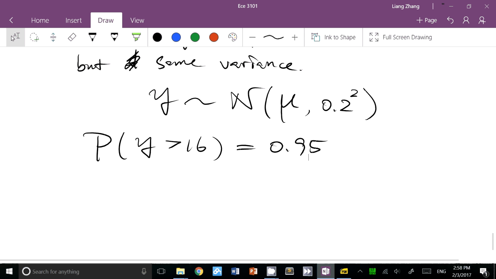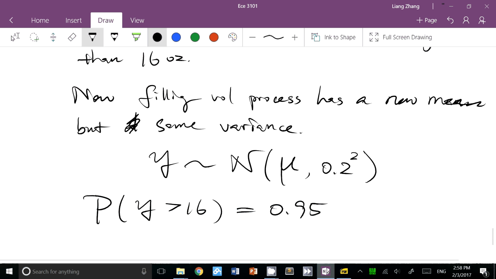Okay. So we want the volume of the products after the modification to be greater than the marked filling volume in 95% of the cases. This calculation can be done in a similar manner. We can first write the larger than into smaller than, so this will be only 5%.